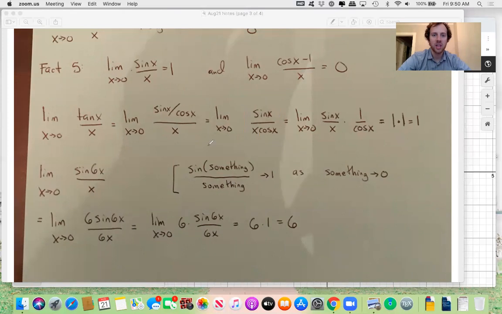With the example here being sine of 6x over 6x, that also is going to go to 1. Even though it's not literally x inside, if you have the same thing inside sine as in the bottom, that also goes to 1. So I'll more carefully lay this out next time, but we can soup up this fact a little bit to allow for things that aren't exactly x inside there.